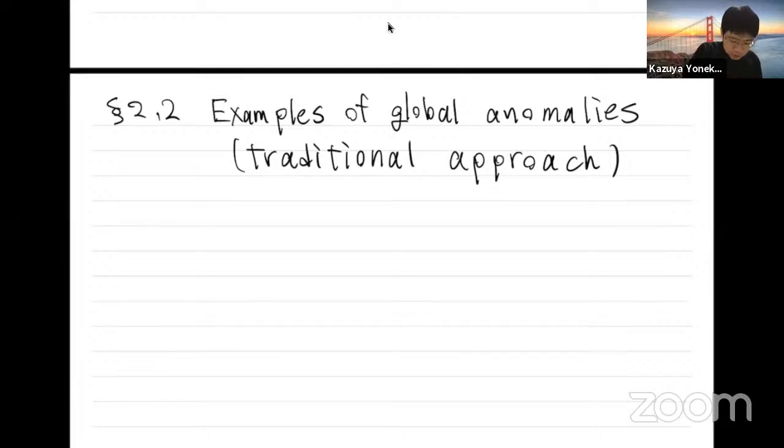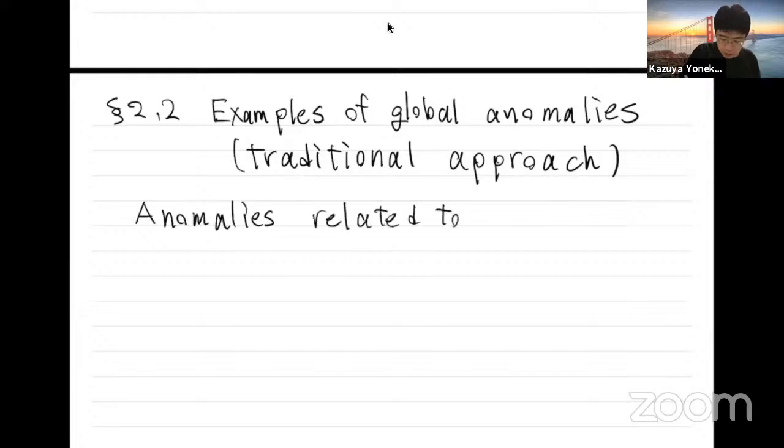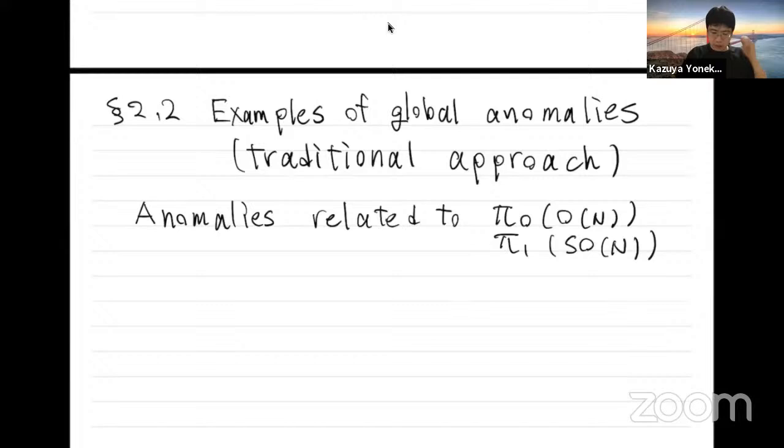So I want to discuss anomalies which are related to pi 0 of O(N) and pi 1 of SO(N). I have talked about O3 and SO3, but that is not essential.